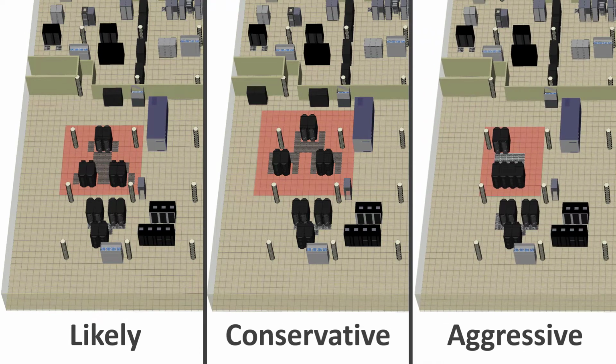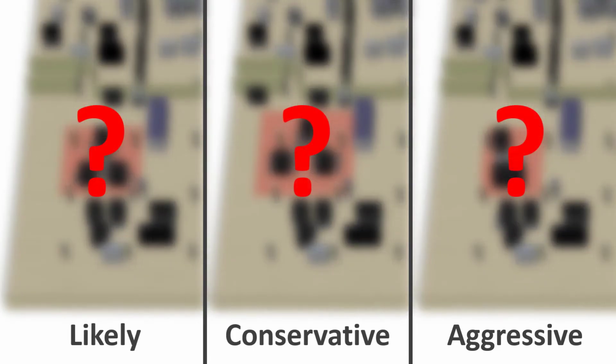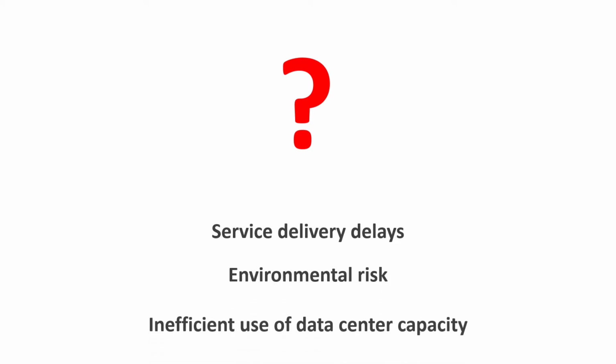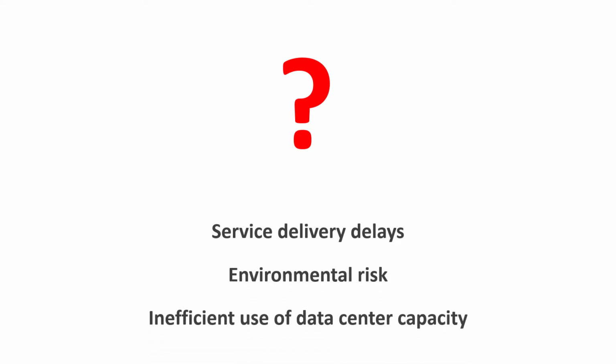Or, if one wanted to aggressively conserve capacity, perhaps this one. But here's the problem. Today's tools and techniques do not help data center managers determine which option is best. It's guesswork from here. Today, the data center operation runs under a cloud of uncertainty that leads to service delivery delays, environmental risk, and inefficient use of data center capacity.